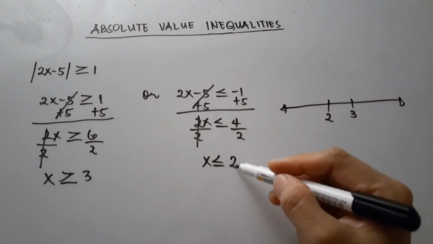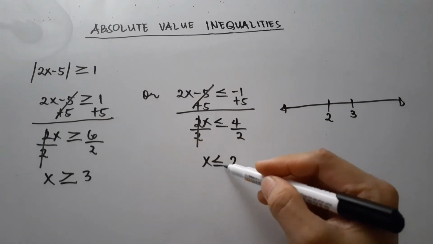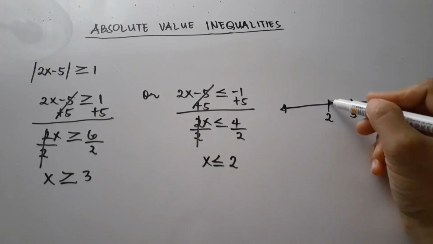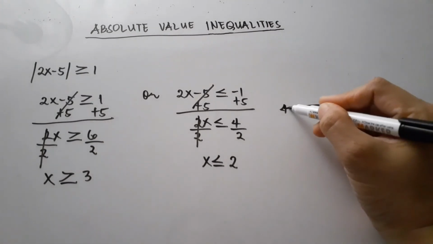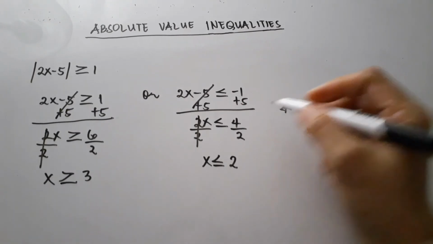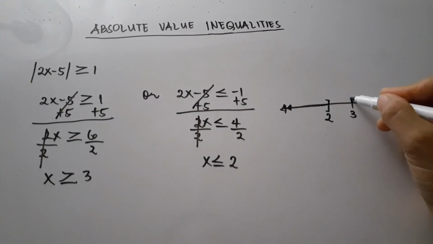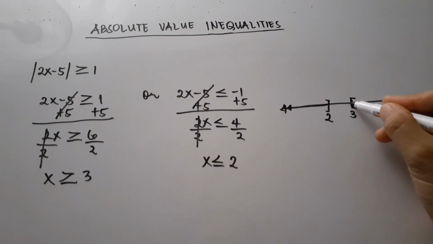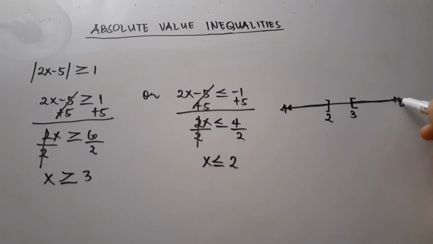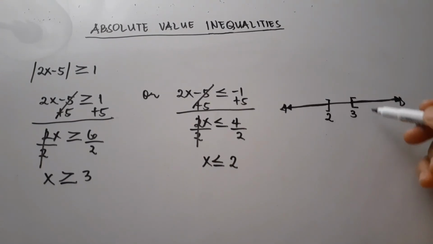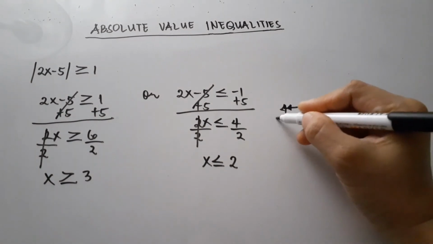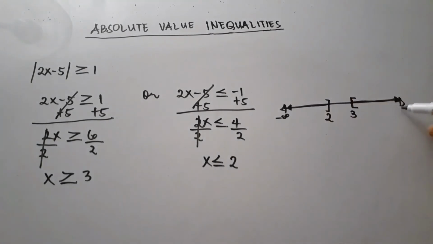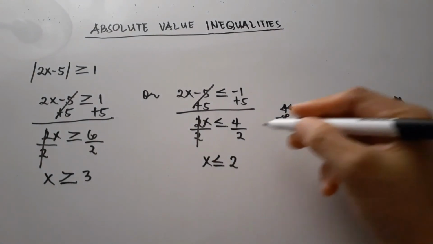Remember that all are positive. For x less than or equal to 2, the direction is going to the left, and 2 is included in the solution set, so we use a closed interval. For x greater than or equal to 3, the direction is going to the right, and 3 is included in the solution set. This is negative infinity and here is positive infinity.